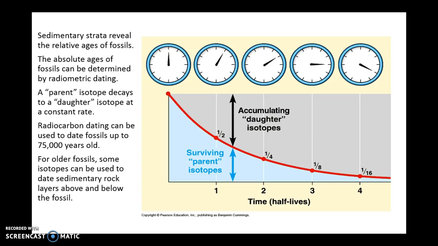So that rate of decay can give you an idea with regard to a timeline. It can be used for fossils up to 75,000 years old, and we've been talking about fossils that are much older than that. So radiocarbon dating is useful, isotopic dating is useful. Sedimentary rock layer dating is useful, but both have limitations.